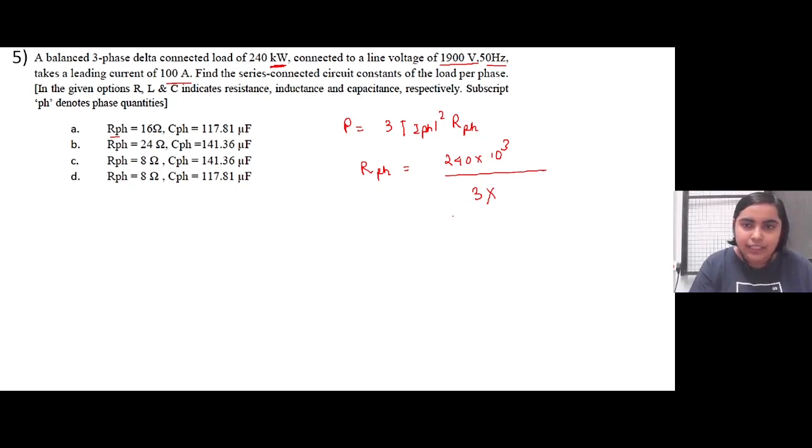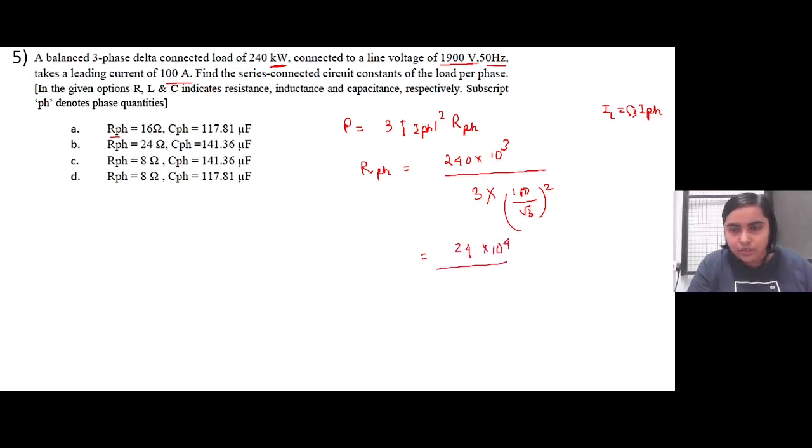For the delta connected circuit, the line current is root 3 times the phase current, so we divide by root 3, whole squared. So this is 24 into 10 to the power 4 over 10 to the power 4, so it is 24 ohm. So in each phase we have the resistance.